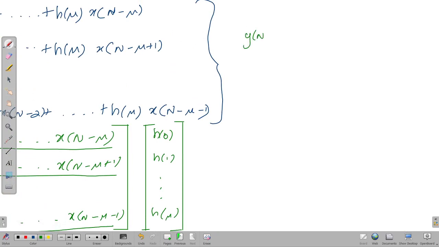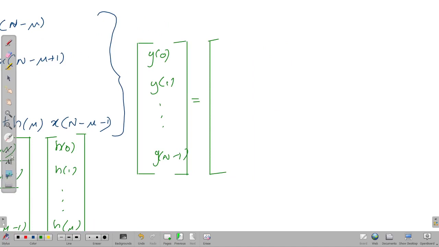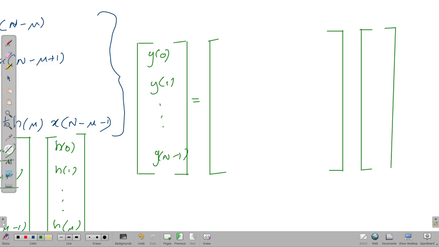This would look like y of 0, y of 1, etc., up to y of n minus 1, this matrix, and I'm going to multiply this with the symbols x of 0, x of 1, etc., up to x of n minus 1.